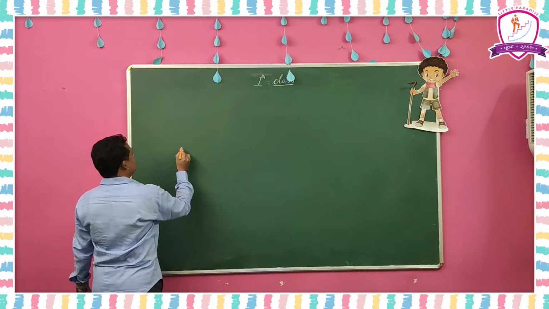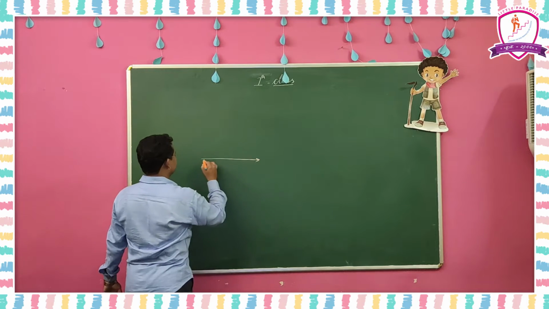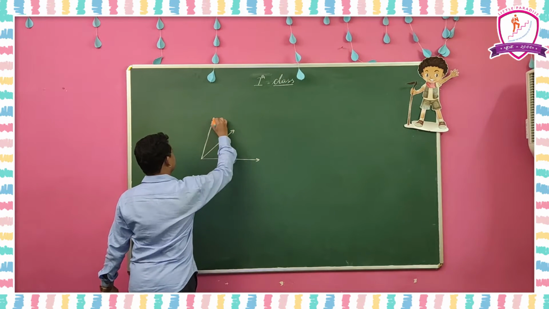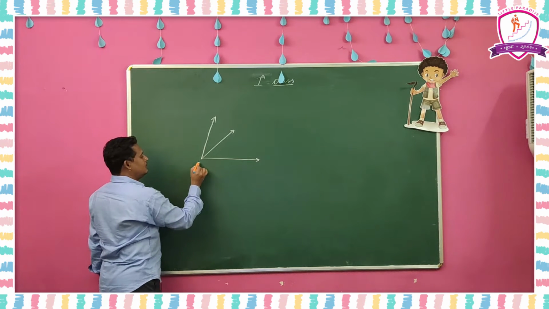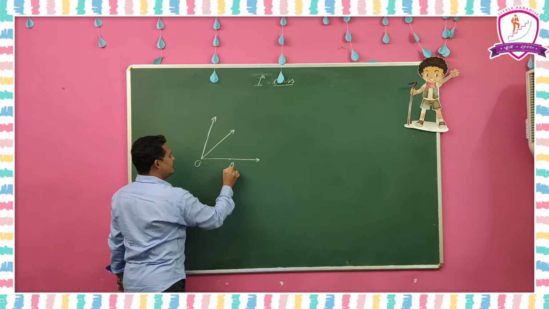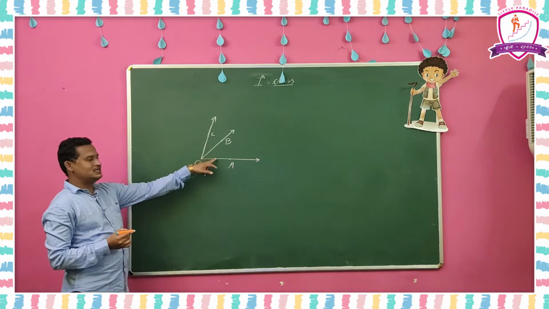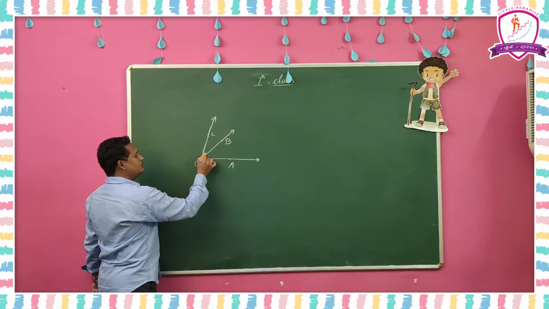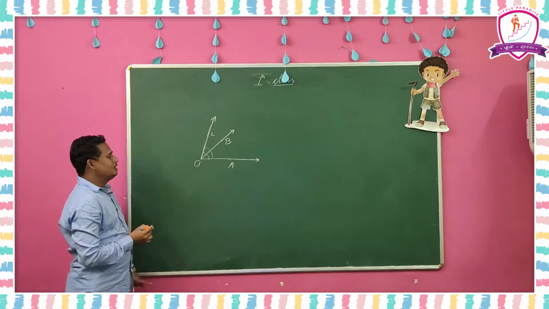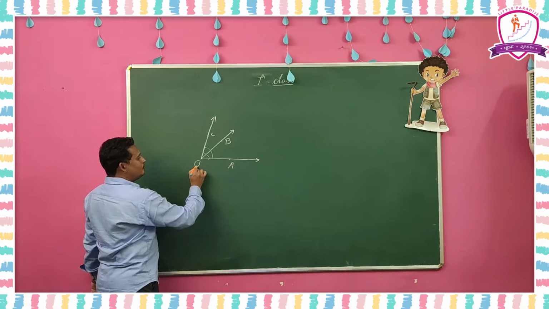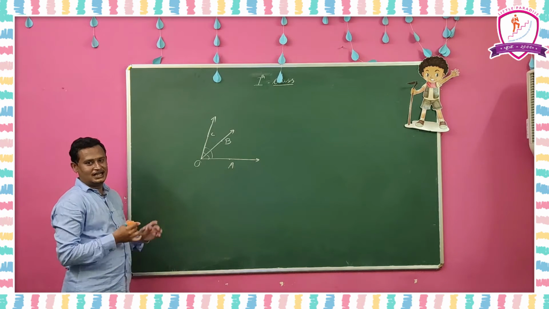Adjacent angles. Here I am going to draw an angle. How many angles are formed here? The vertex is O, with rays OA, OB and OC. Using these three rays, three angles are formed. Here AOB and BOC are adjacent angles.